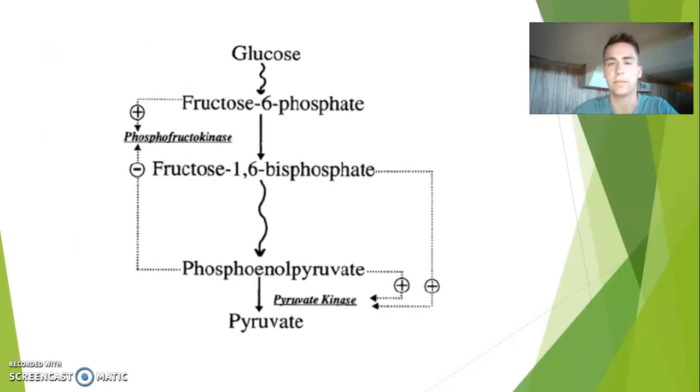This specifically is for the activation, or the allosteric interaction, between fructose 1,6-bisphosphate and pyruvate kinase. At the top, you see glucose coming into the system.